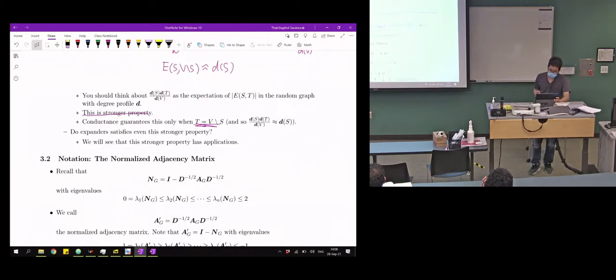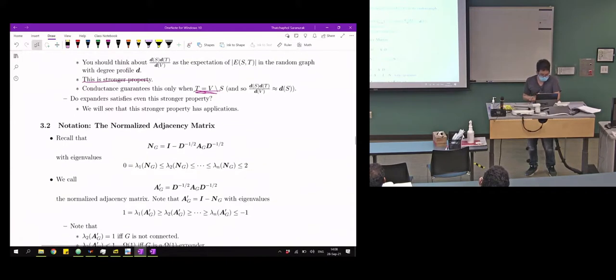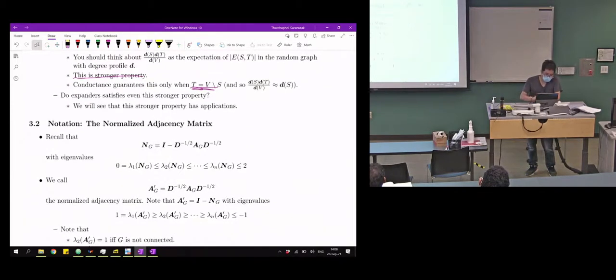So I want to ask now: do expanders satisfy this stronger property? If they do, then it has an application in the next lecture, for fast algorithms.